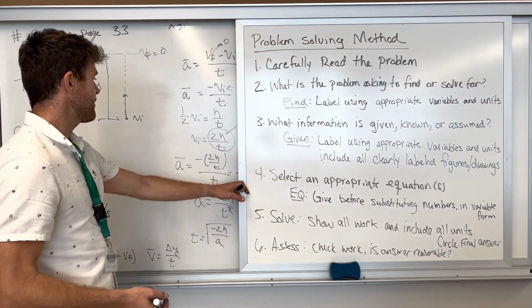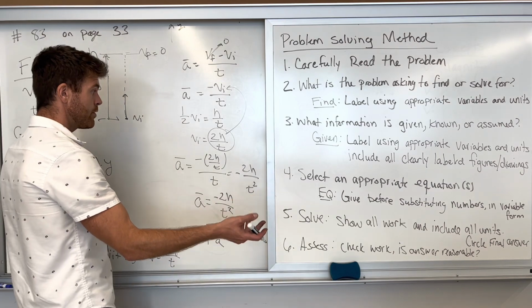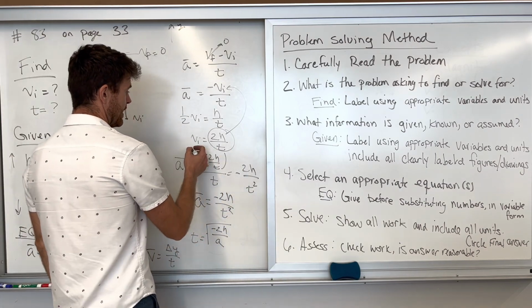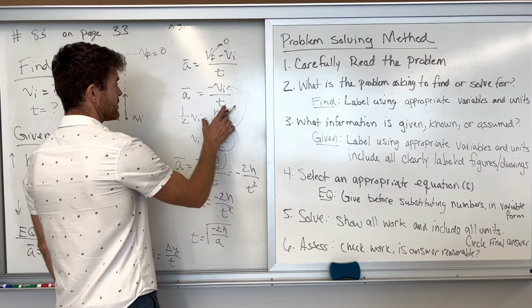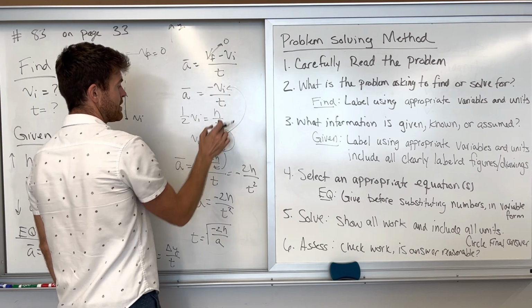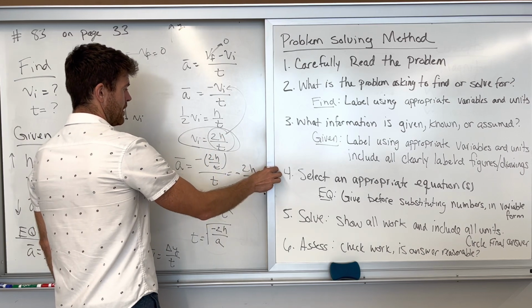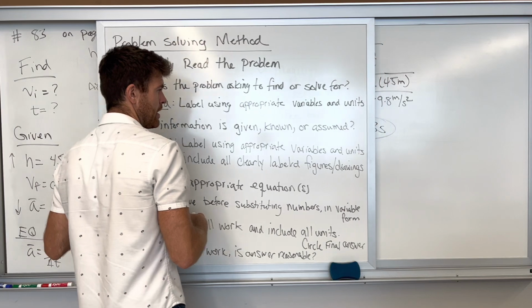Now it asks us to find the minimum velocity, where we take our newly found time, and we can use one of these equations that has both initial velocity and time in it, and just put our time in there. This one's already solved for initial velocity. It goes 2h over t.